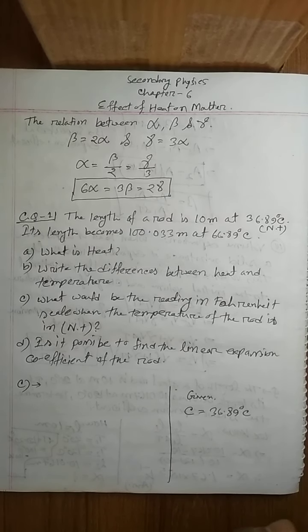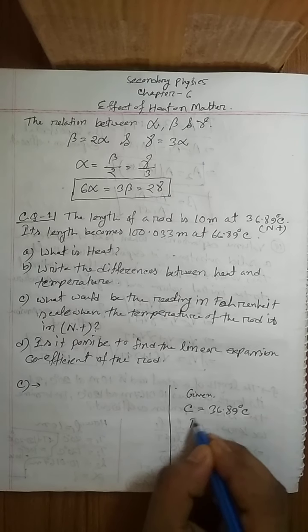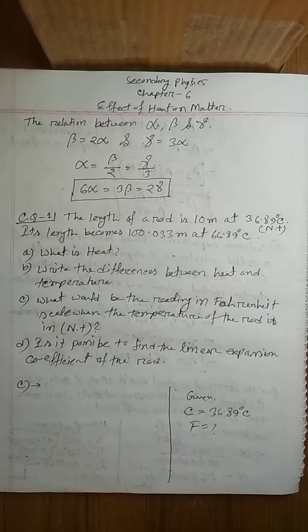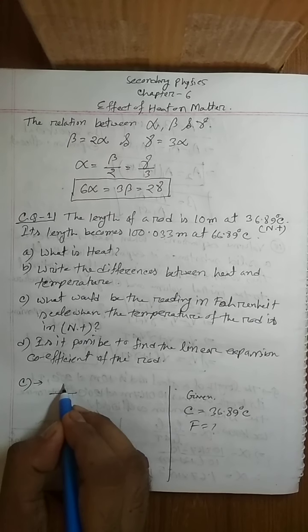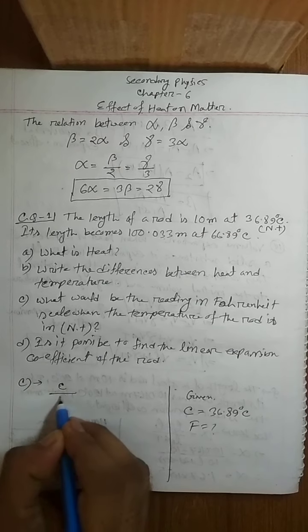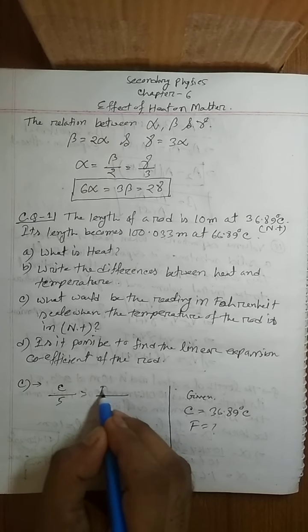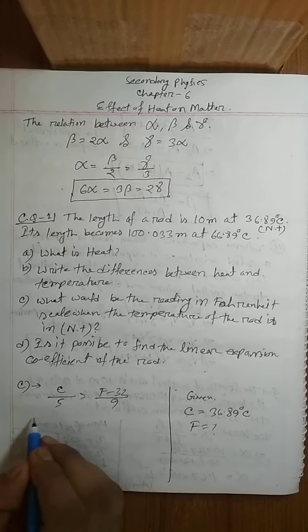To find Fahrenheit, F is equal to what? So the equation is something like that: C by 5 equals F minus 32 by 9.